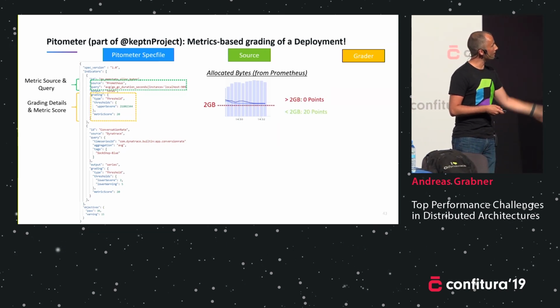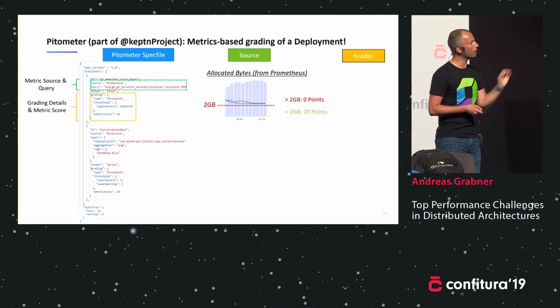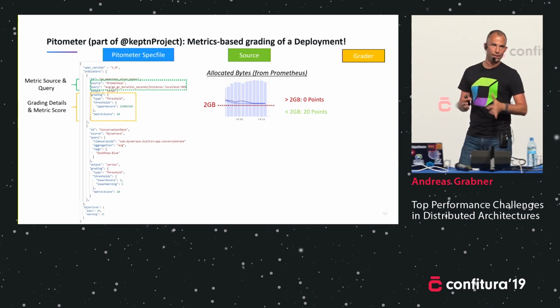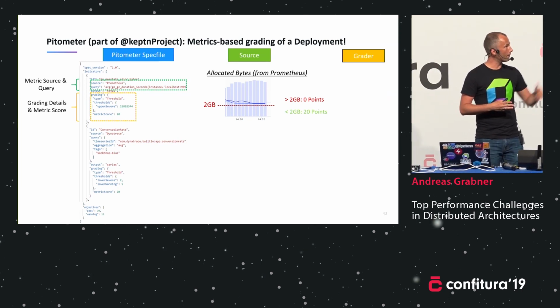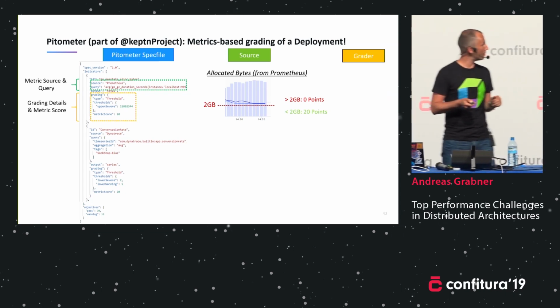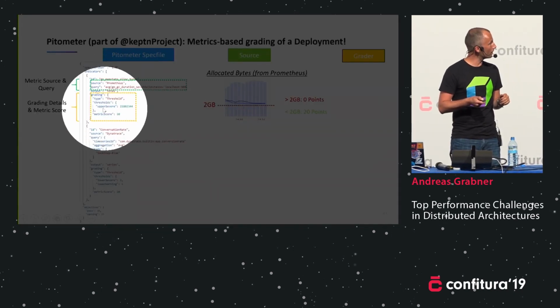But the idea is, if my threshold in this case is 2 gigabytes, I say after the tests, I should not use more than 2 gigabytes of memory overall, then you can specify a threshold. And what you can also specify, and this is a little hard to see, that's why I use my fancy pointer again, is a metric score, 20 points.